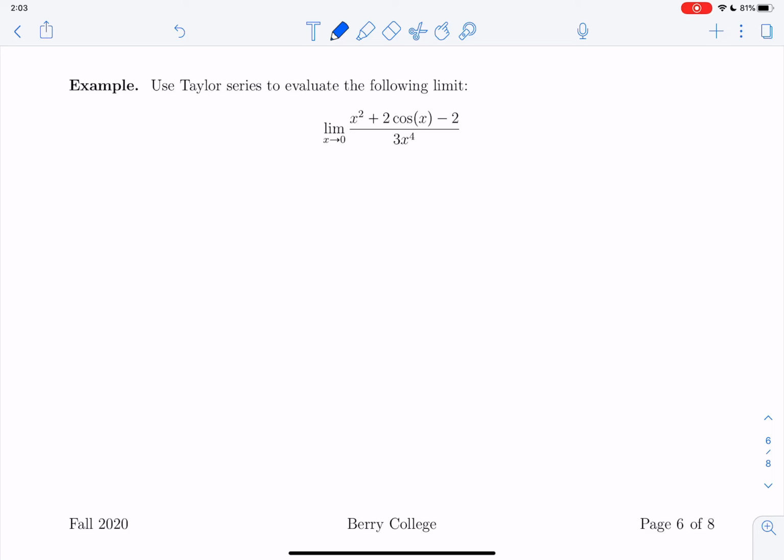In this second video, we're going to continue the discussion of the 9.9, 9.10 handout, exactly where we left off previously, at the bottom of page 6, where we were entertaining a question about limits.